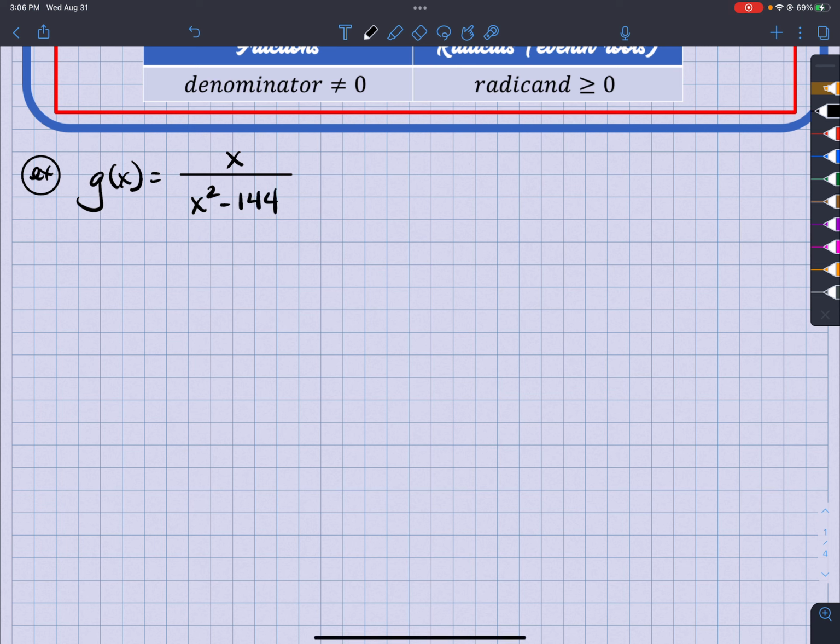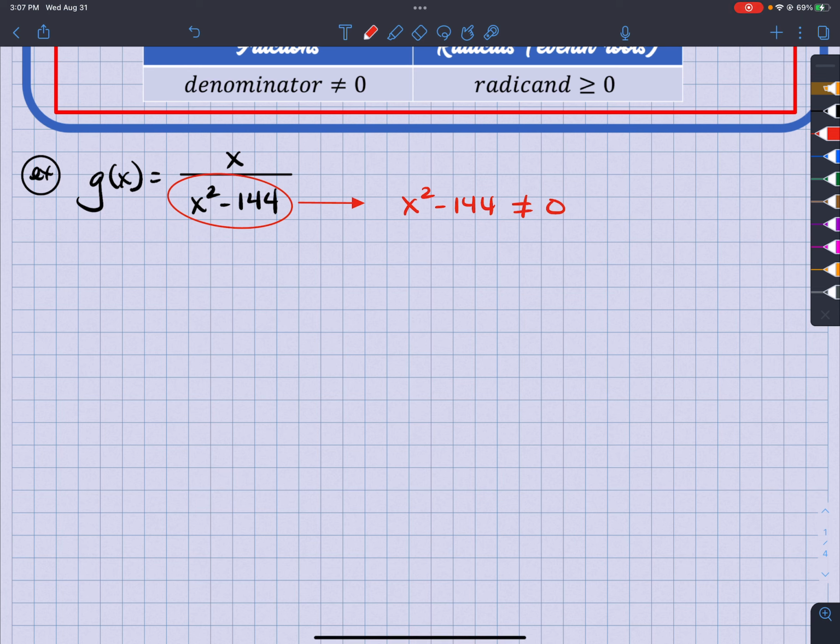What I know is that this denominator, x squared minus 144, cannot equal 0.